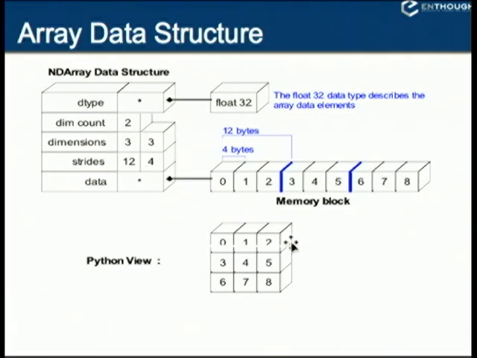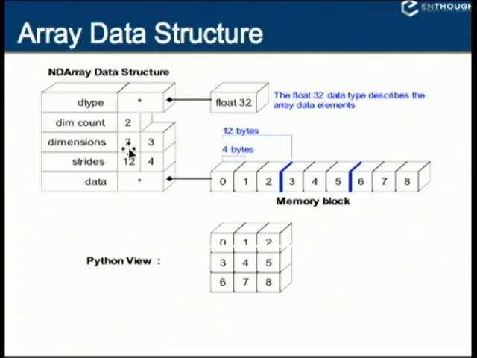And if you were to take this data structure and just ask Python what this NumPy array looks like, you would get this as a result: 0, 1, 2, 3, 4, 5, 6, 7, 8, and a 3 by 3 array. So all this information here is equivalent to this ndarray when it's output.